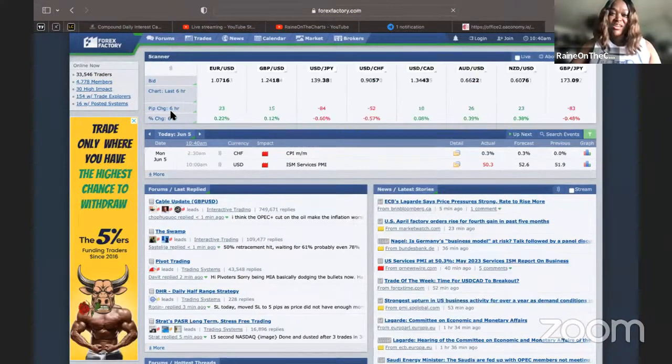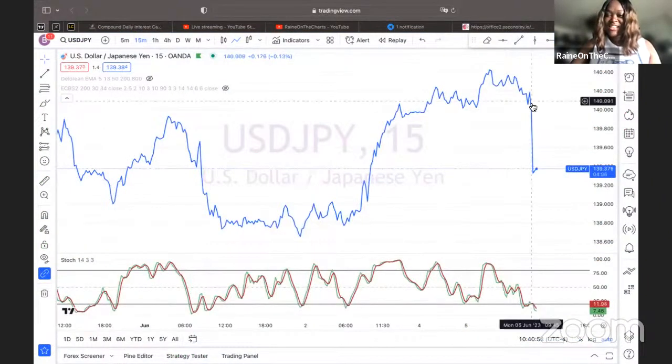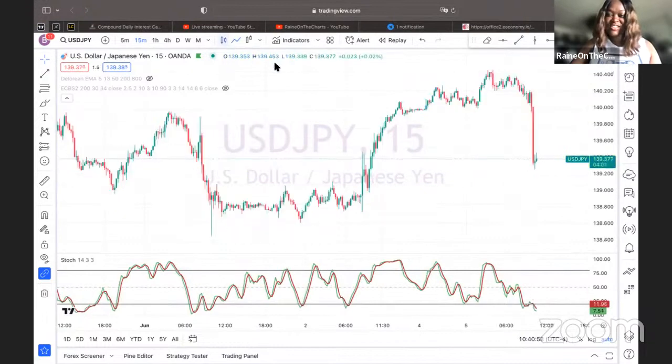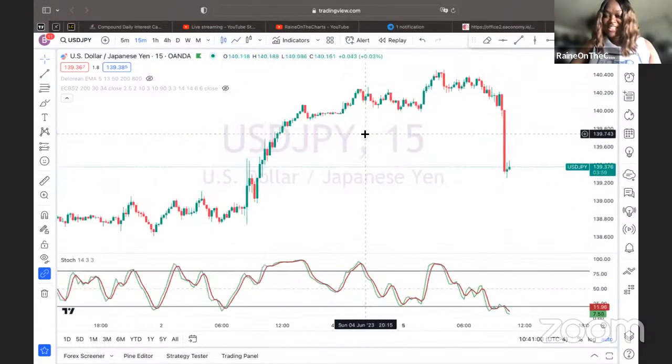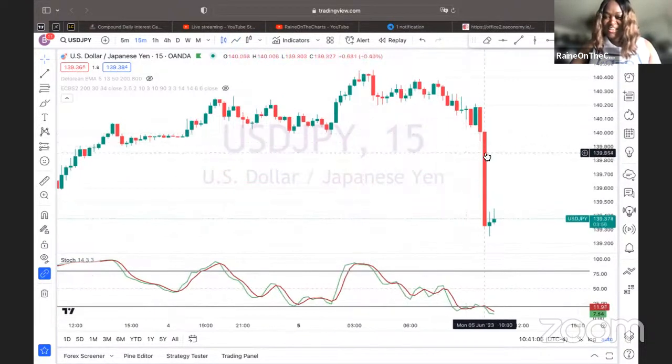Because of that red folder occurrence, that's what this is all about. Let's go to the candlestick so you can see. Let's expand so we can see the time right there, 10 a.m.